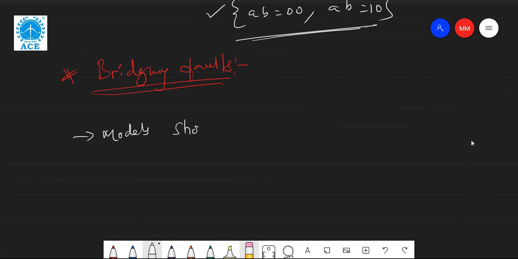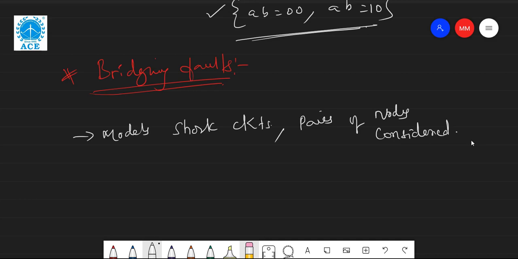Pairs of nodes will be considered for this short. I will show what that actually is.